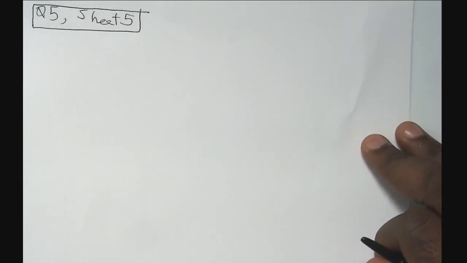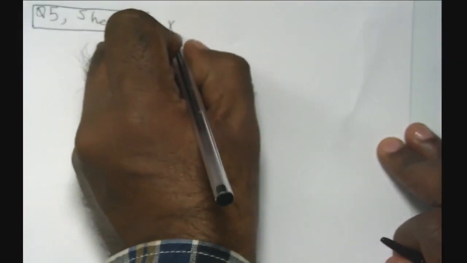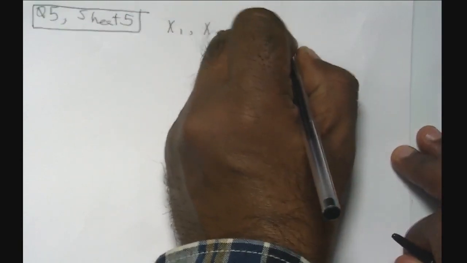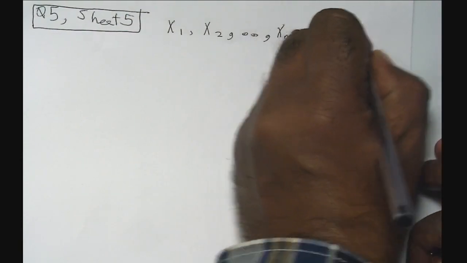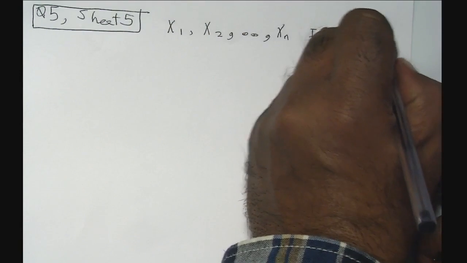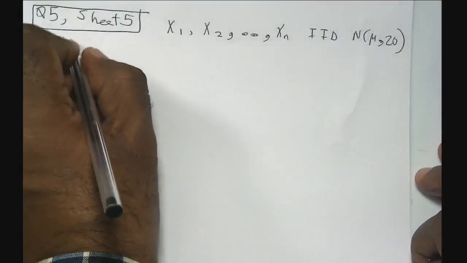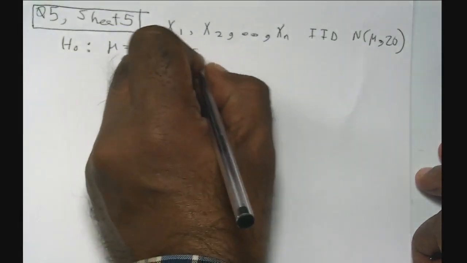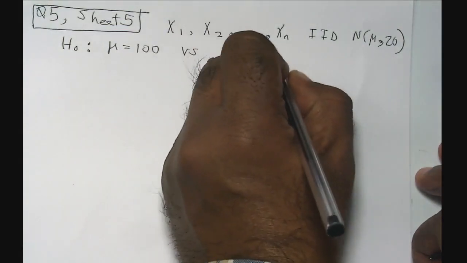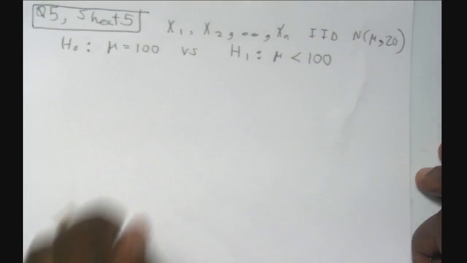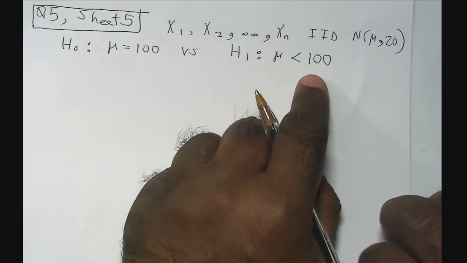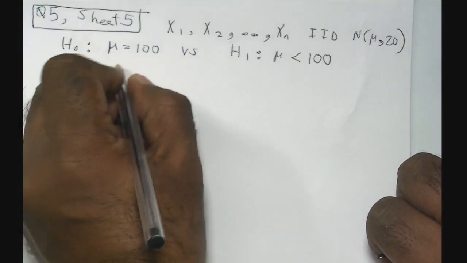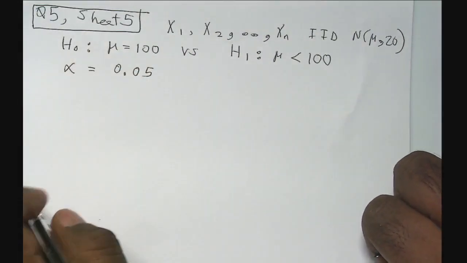Basically, you have X1, X2, ..., Xn, iid from a normal distribution with parameters mu and variance 20, and we are testing mu equal to 100 versus mu less than 100. And we are told that alpha, the type 1 error, is equal to 0.05.